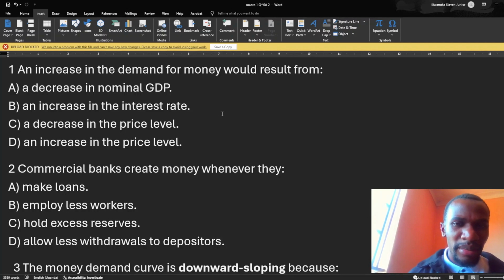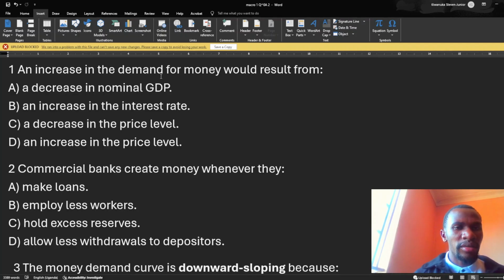An increase in demand for money would result from: a decrease in nominal GDP, no, an increase in the interest rate, an increase in the price level, and D, an increase in the price level.